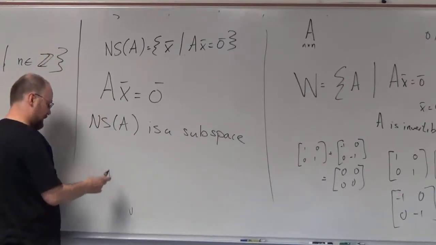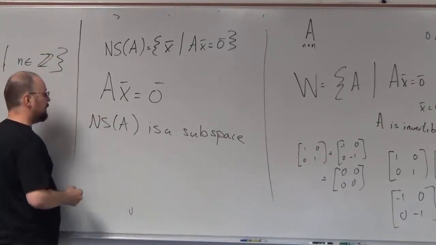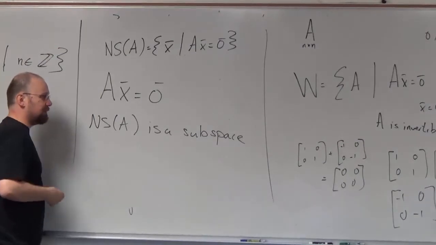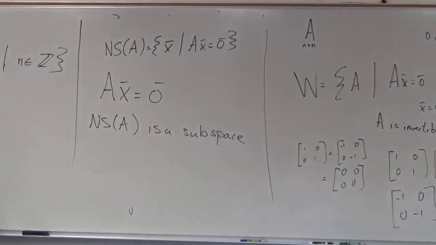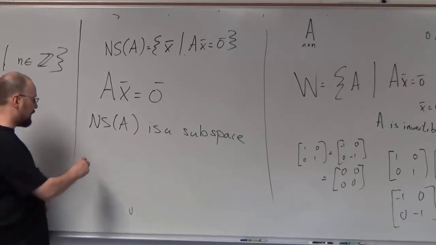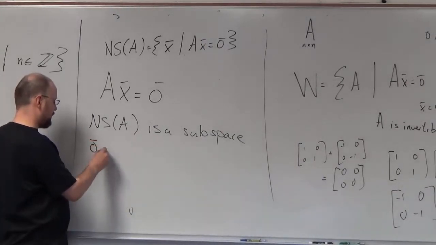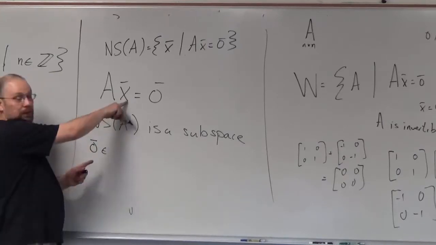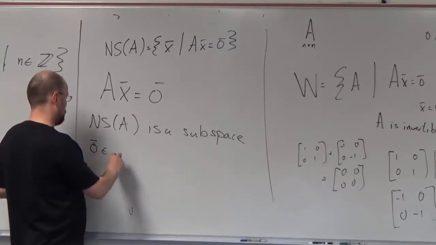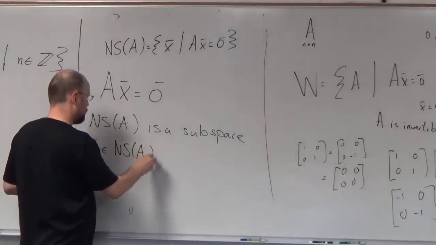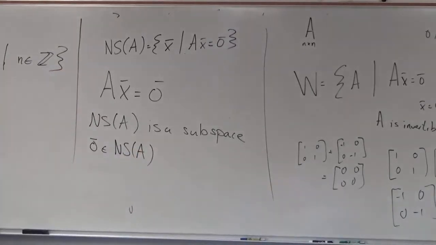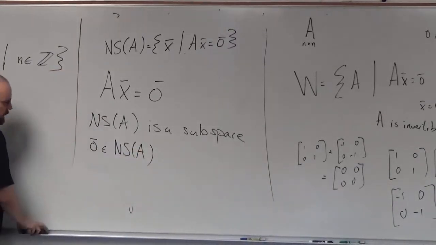So it's a subset. First of all, is the null space non-empty? Because if it's empty, we can't really talk about it being a subspace. This is non-empty, because the null space always contains X equals 0. There's always that one trivial solution to this equation.